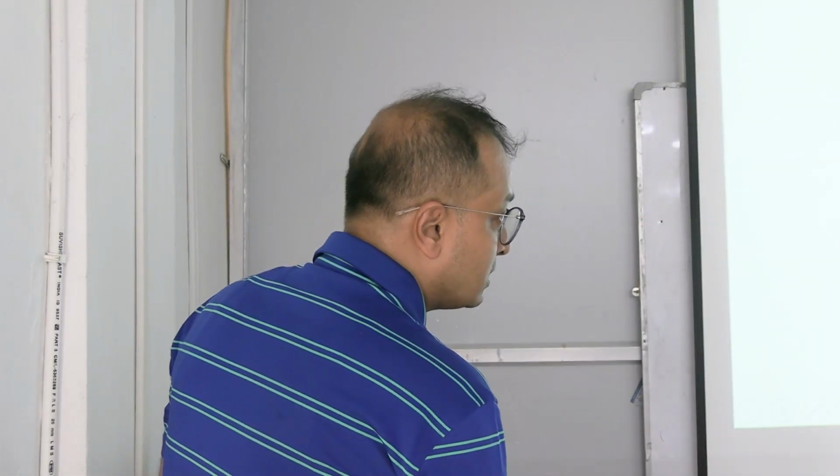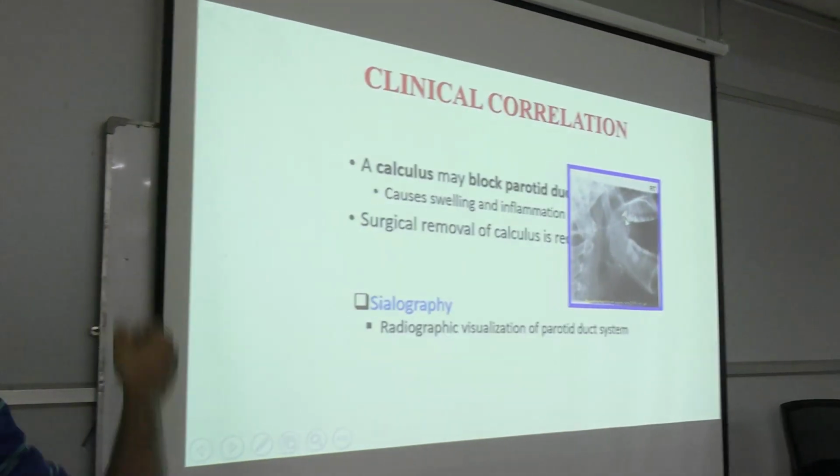We call that a calculus or stone within the duct. If you have a stone inside, either you have to crush it or you have to do surgery to remove it. We diagnose it by pushing dye through it, just like we place dye in an IVU, venogram or renogram. We put it right through this opening, again the vestibule of the mouth, opposite the second molar.